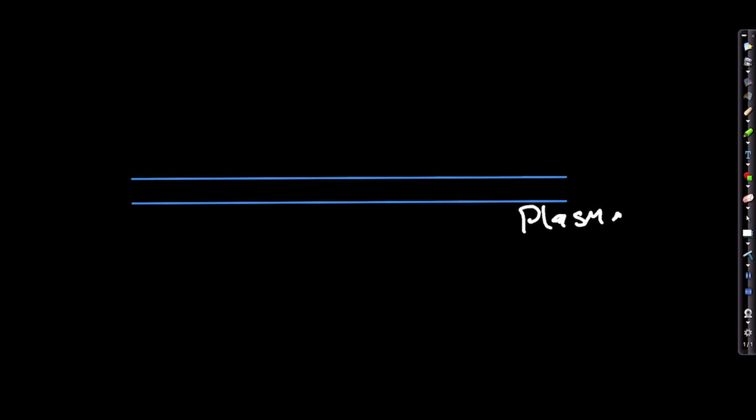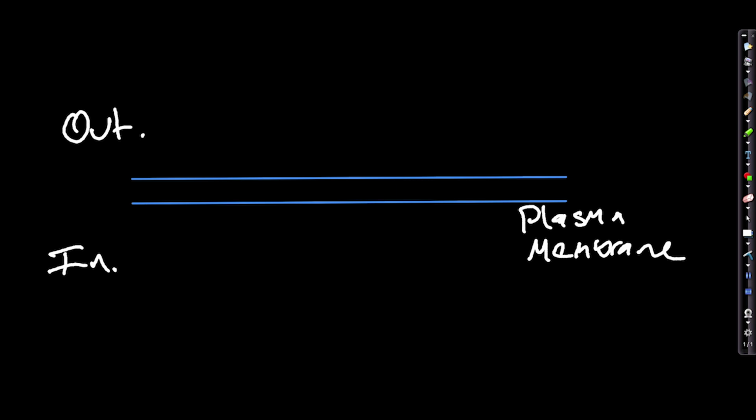This is, in fact, as you'll know, the plasma membrane of the neuron, and we will say this is the inside of the neuron, and this is the outside of the neuron. Now, in all cells there are ions, but what's special about neurons is that there is this imbalance between ions inside and outside of the cell.